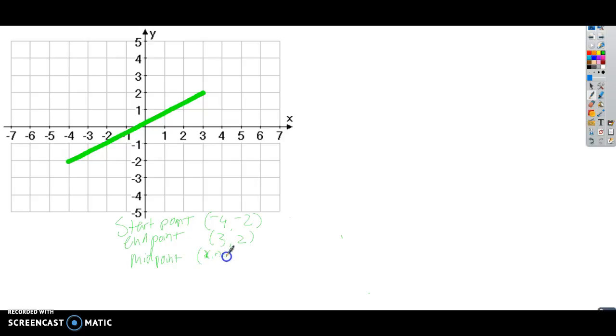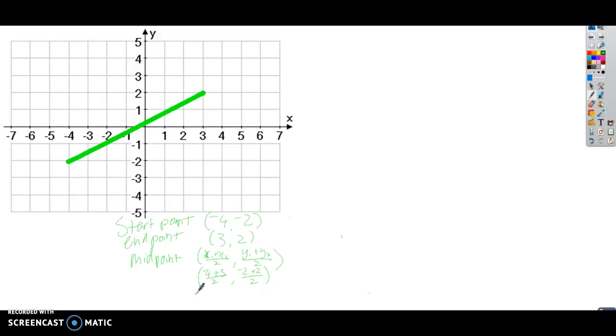Right, my midpoint becomes x1 plus x2 divided by 2, y1 plus y2 divided by 2, and I put my values in. So my x's, I've got negative 4 plus 3 divided by 2, and I've got negative 2 plus 2 divided by 2.